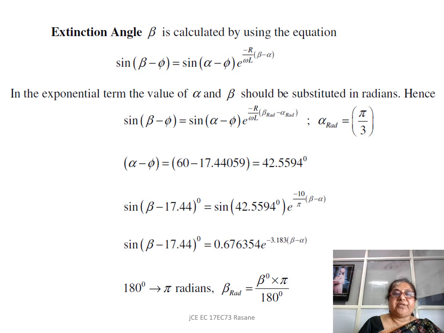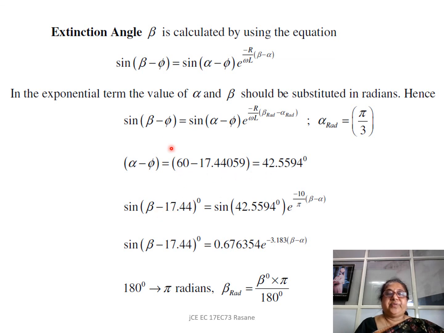So pi by 3, that is 60, and this is alpha minus phi. If you see this term, alpha minus phi, it is in trigonometric form, so 60 minus this value, I get 42.